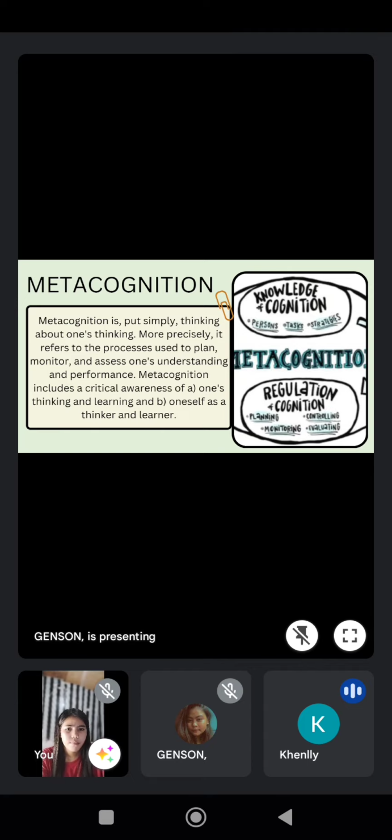This kind of metacognition also relates to pupils' awareness of abilities they might utilize to address a challenge. In psychology terms, metacognition refers to awareness and understanding of one's own thought processes.